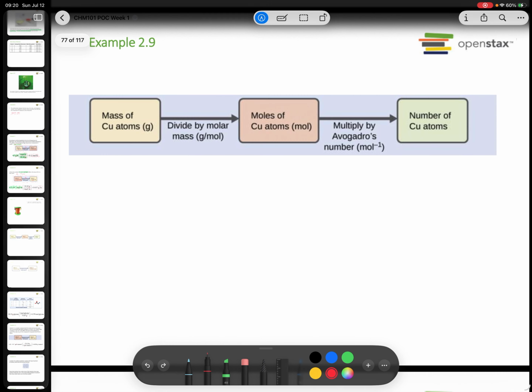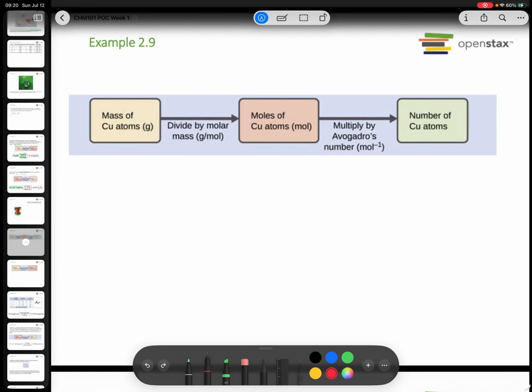So paano natin siya gagawin, no? So ito yun, we have a mass, given mass ng ating atom, which is copper atom. We divide by the molar mass to get the moles of copper atoms, and we multiply by the Avogadro's number, no? To get the number of copper atoms in that given mass, no? Ng ating sample.